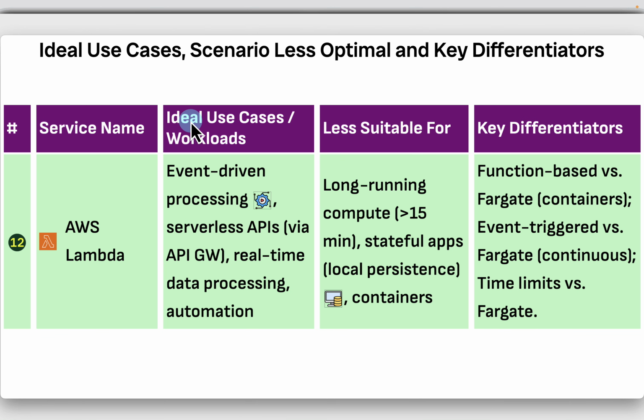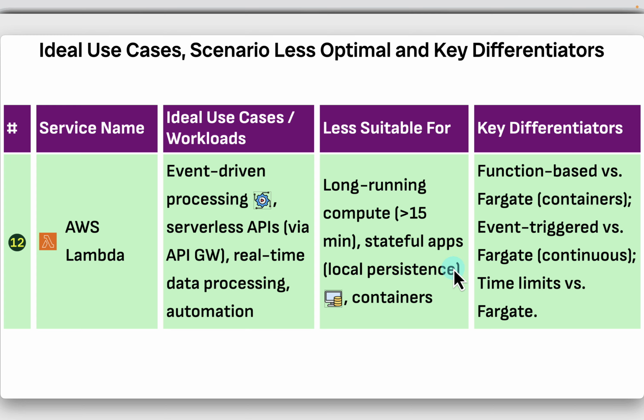AWS Lambda. Ideal use cases are event-driven processing, serverless APIs via API Gateway, real-time data processing, and automation. It is less suitable for long-running compute. There is a limit of 15 minutes. So if your compute or any transaction runs more than 15 minutes, you cannot go for it. There's a hard limit. It is also not suitable for stateful applications which have local persistence.